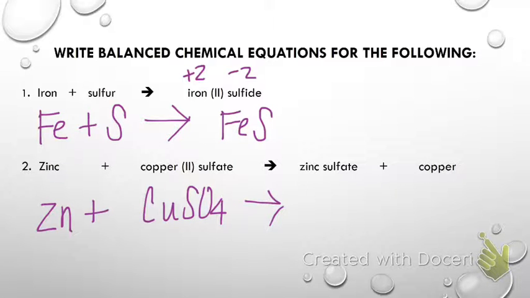And it's making zinc sulfate plus copper. So zinc, we said earlier, was a +2, so then this would be zinc sulfate plus copper. Okay? Again, copper by itself is, when it's all by itself, it's just Cu. There's no charge. So this one is also already balanced. Okay? We like those.